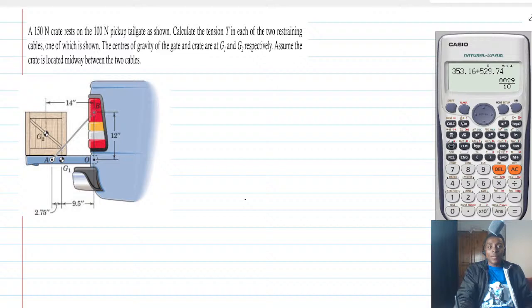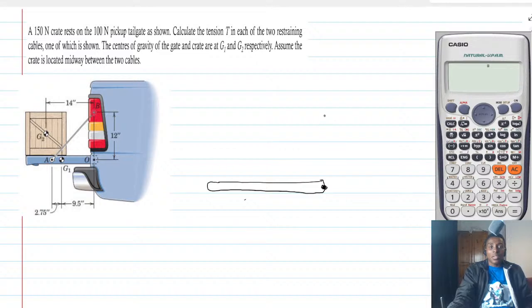So now let's consider the pickup tailgate. Yeah. So let's say I have something like this. Okay. So I have something like this, which represents the pickup tailgate, and then this pickup tailgate is hinged.